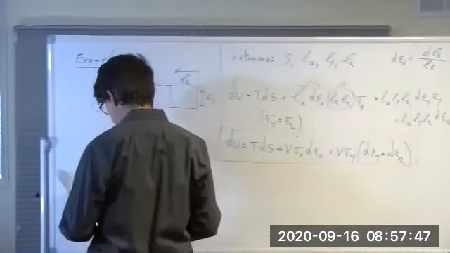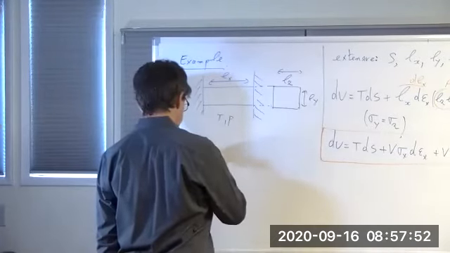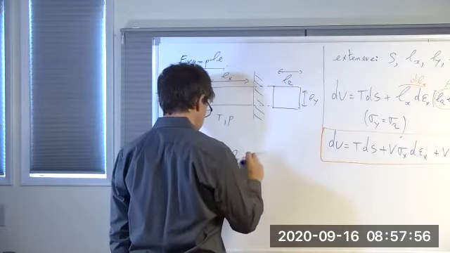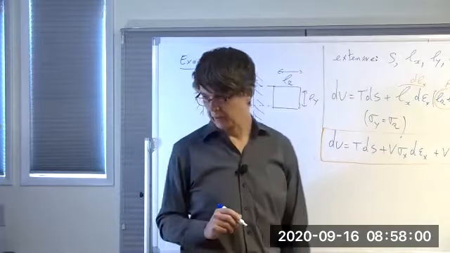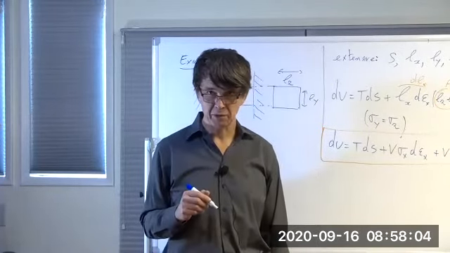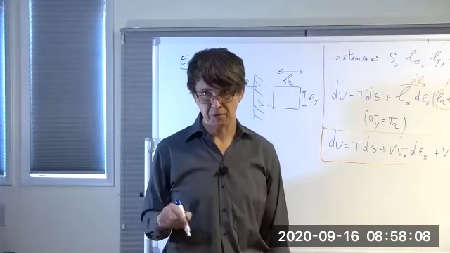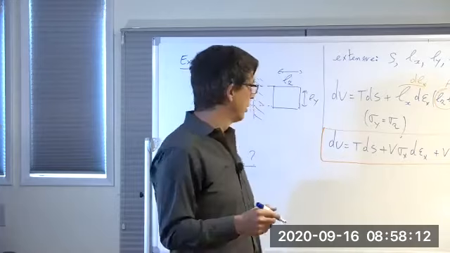What variables should you have here in your thermodynamic potential? Remember that the variables that you need in your thermodynamic potential are the ones that you control, right? Because they are the boundary conditions. So what do you control here?